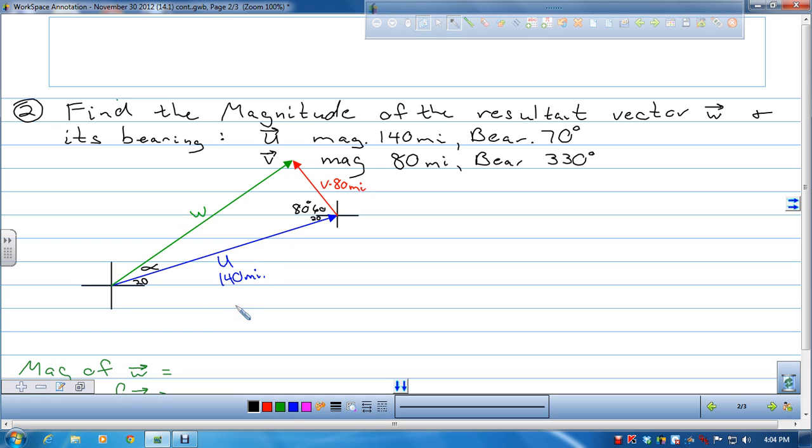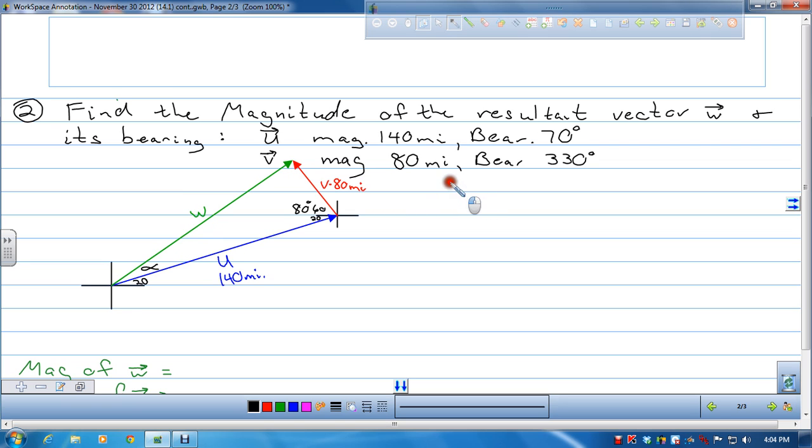Now, what you're going to have to do here is think back to your trig formulas. When I have a side, an angle, and a side, I should be able to figure out what W is. And that is my law of cosines.